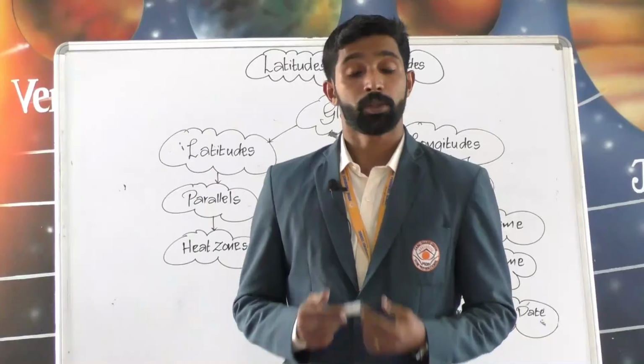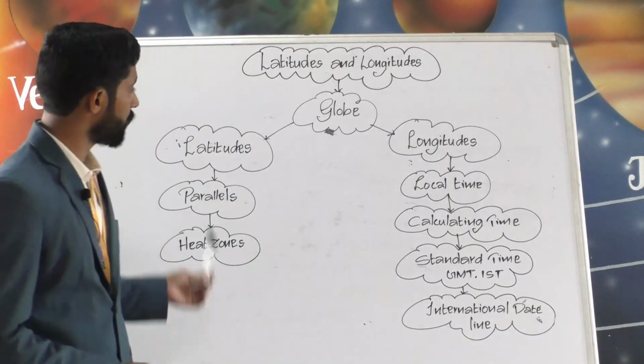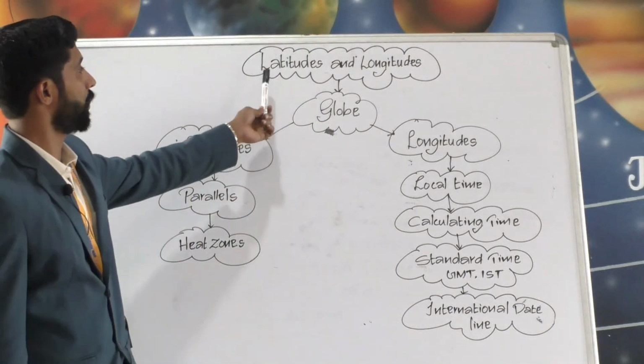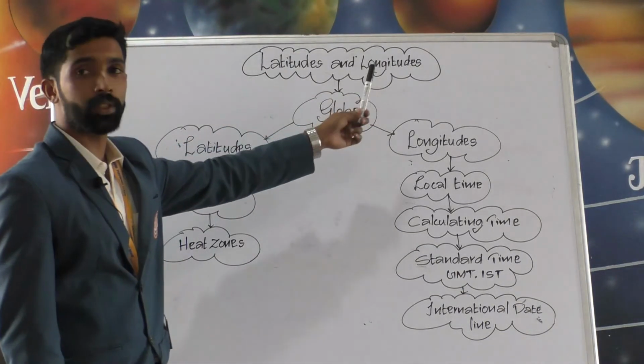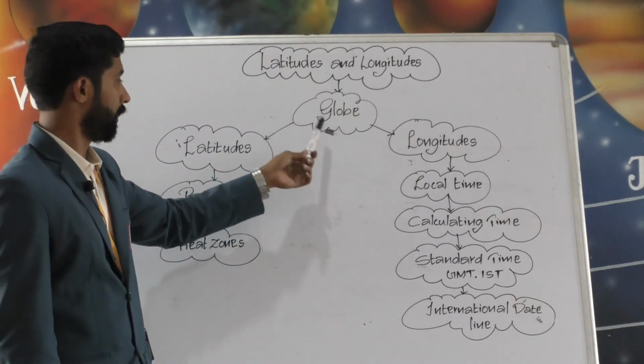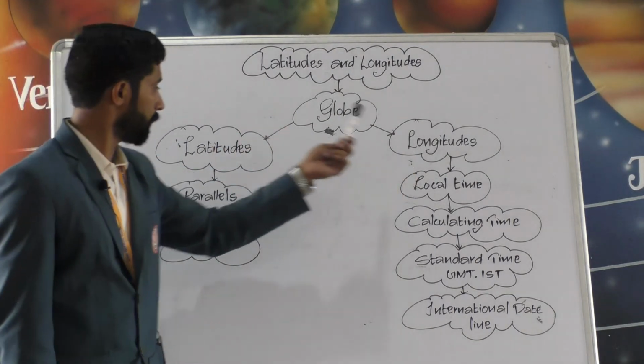Got it? So dear kids, we are going to conclude our chapter in the form of a mind map. In this chapter, latitudes and longitudes, first we discussed the globe, and then we moved to latitudes and longitudes.